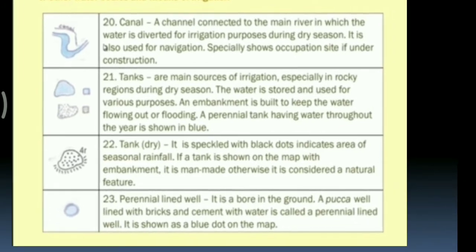And for a perennial lined well, if the well is perennial, you show it as a blue circle.